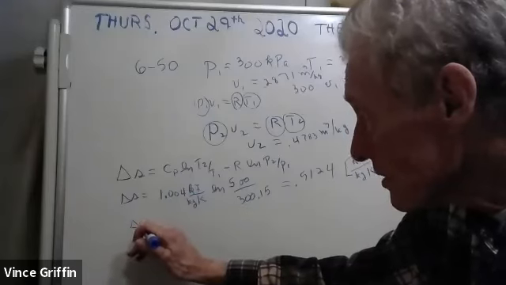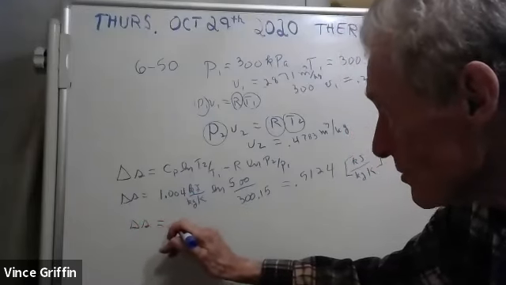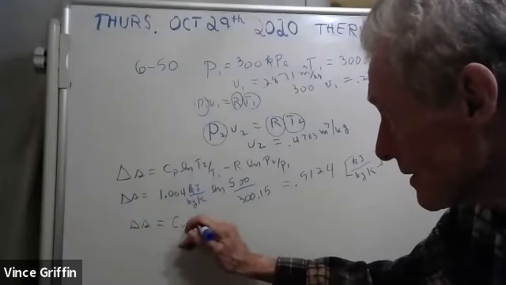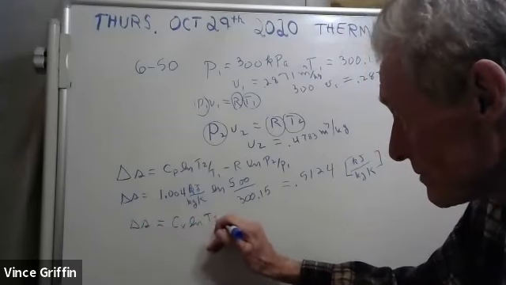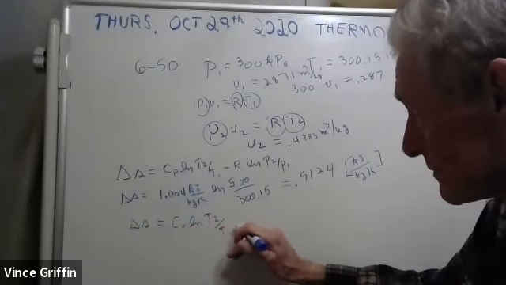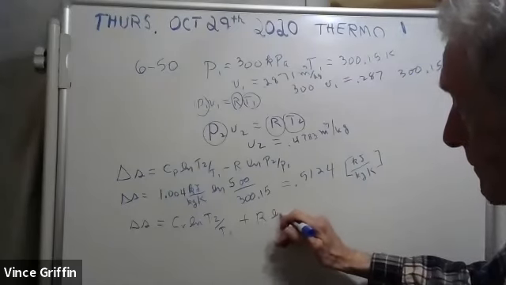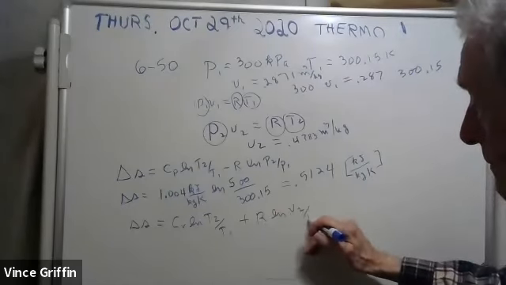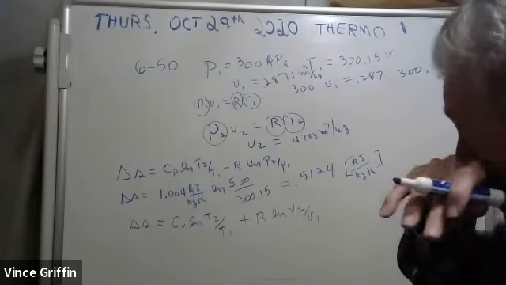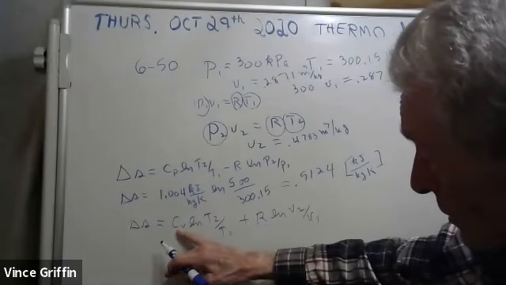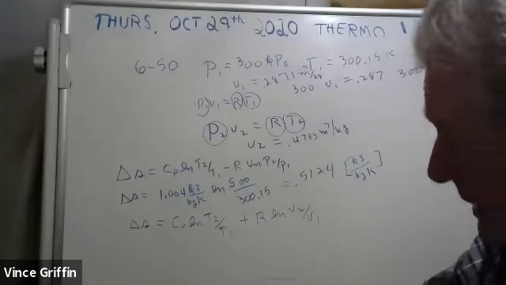Now, there's another equation that I was trying to show you guys, and it goes like this. We're going to see if this works. Now, we know all this stuff. We know what C sub V is.